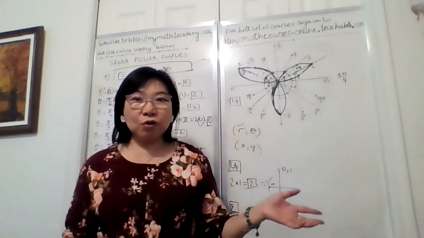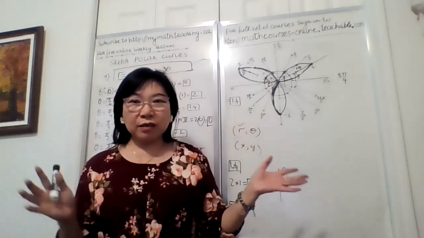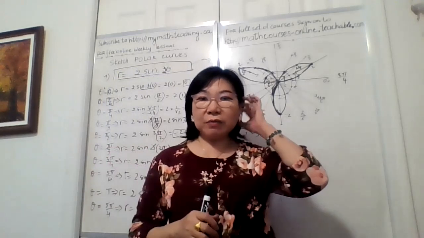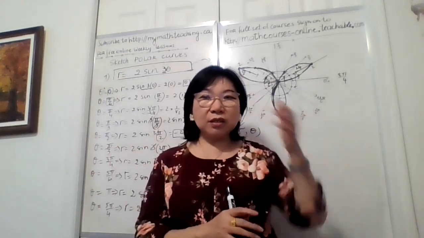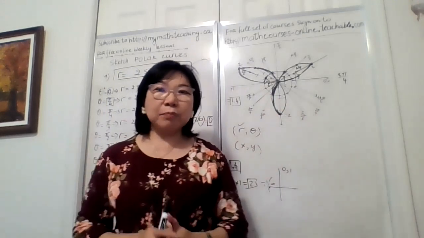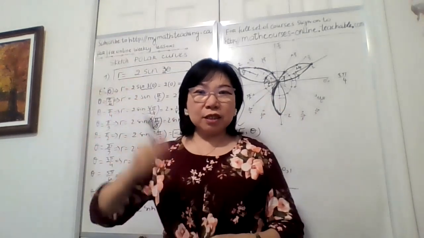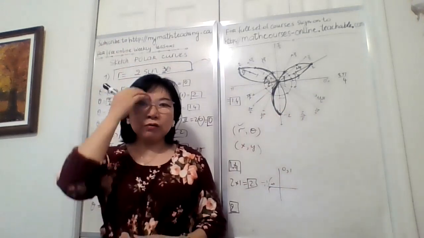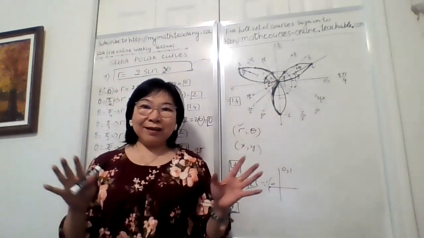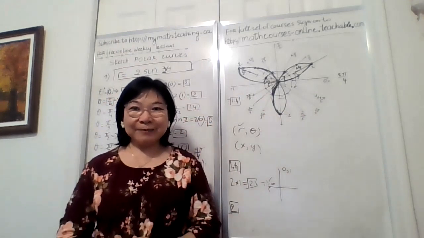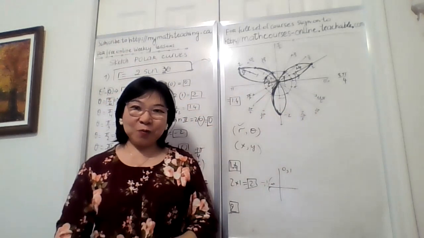I want to show you the whole process of how we sketch it formally, but we also have a short way of doing it, and I will show you in general, not sketching each curve, in the next video.